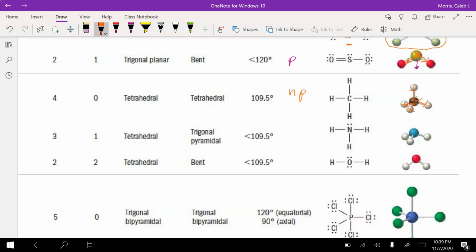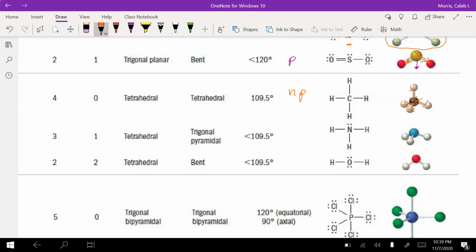Now we've got NH3. Again, that lone pair at the top, it doesn't tell us that that's the more negative atom necessarily. What it does tell us is that the other bonds are going to bend away from it, and that changes the molecular geometry. Instead of being trigonal planar, it's trigonal pyramidal, which you can see here.